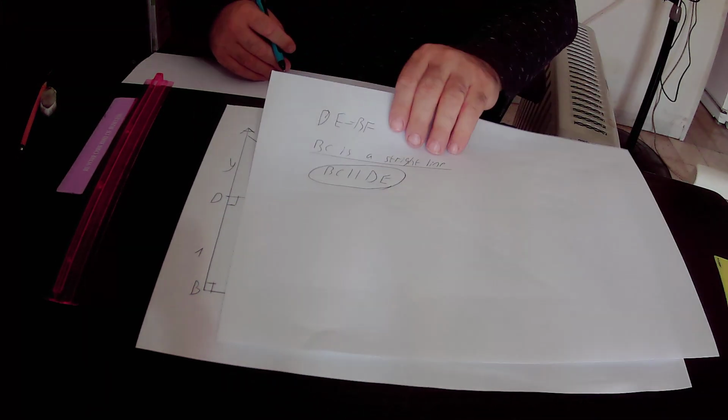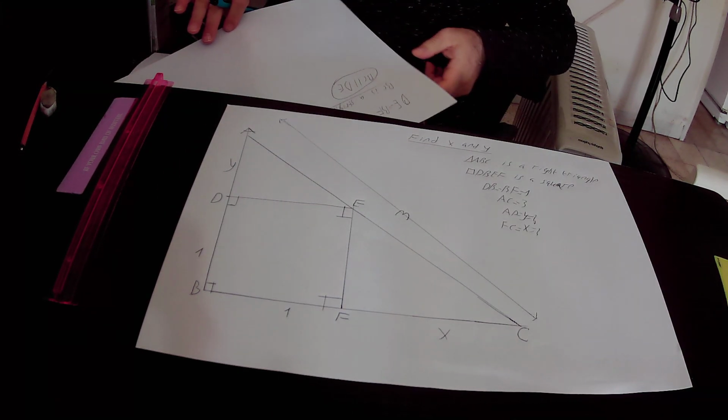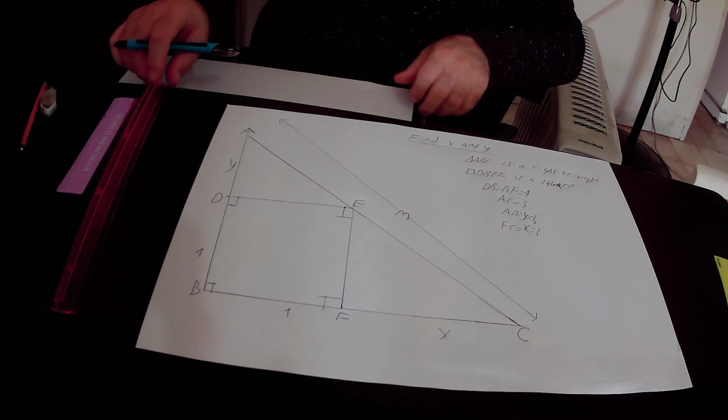Okay, we concluded that BC is parallel to DE, and we also have rule number 1.